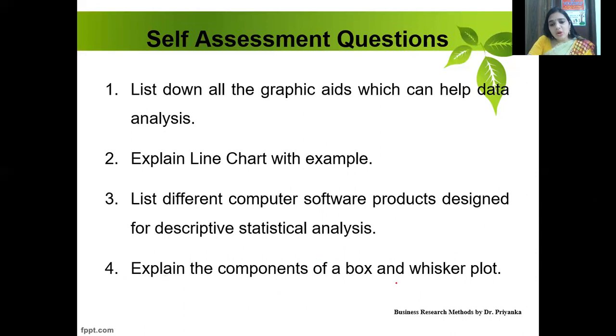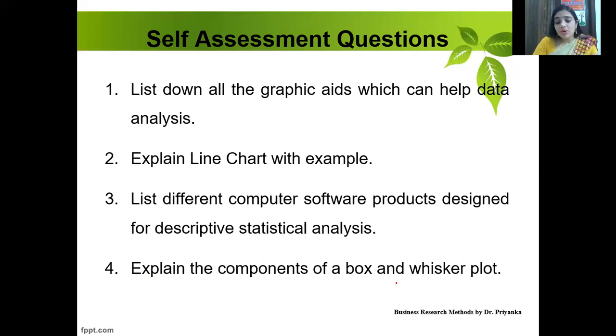Last is explain the components of a box and whisker plot. We have learned box and whisker plot in the last slide, right? And you can mention all the pointers with the help of a diagram as well, like we have discussed in the PPT.